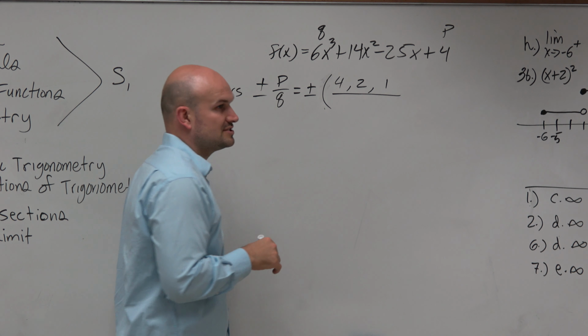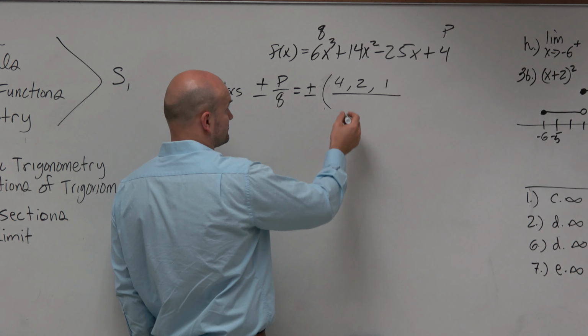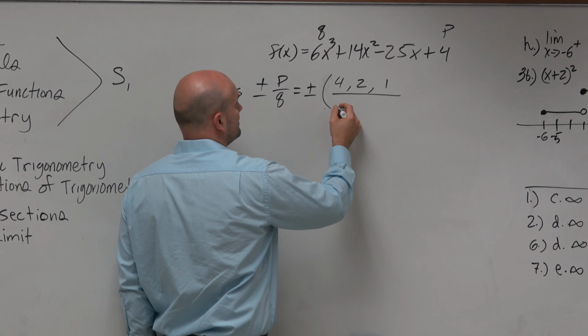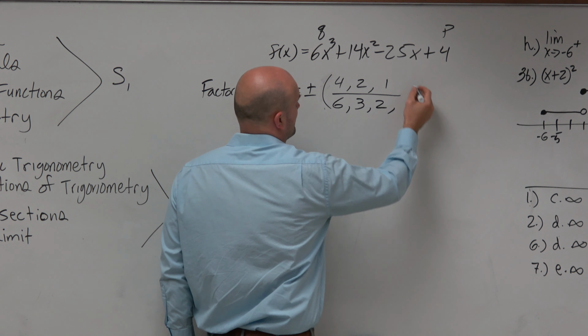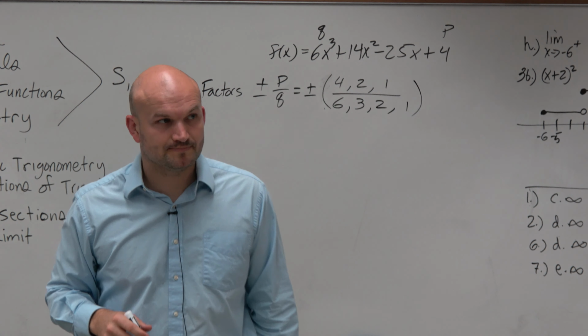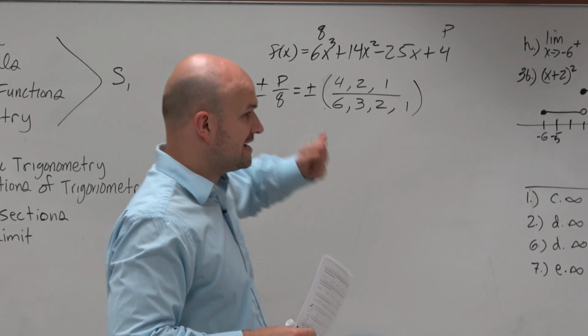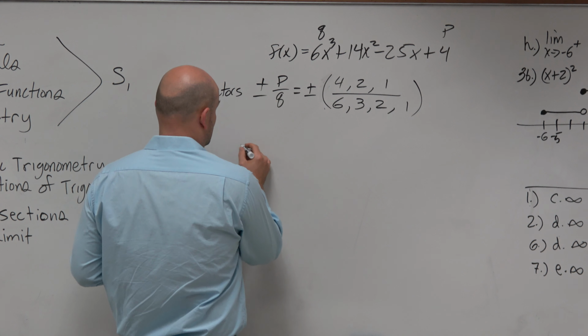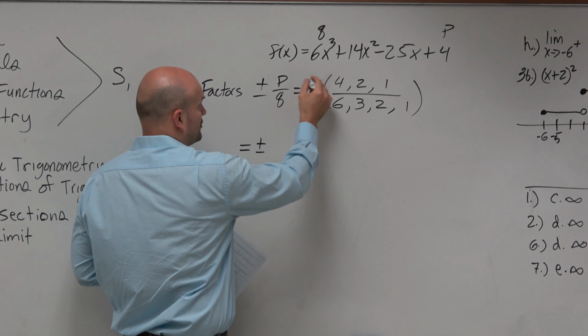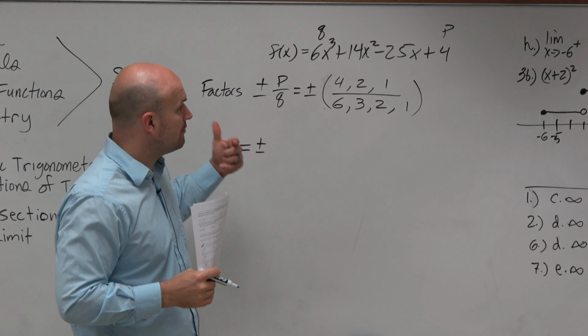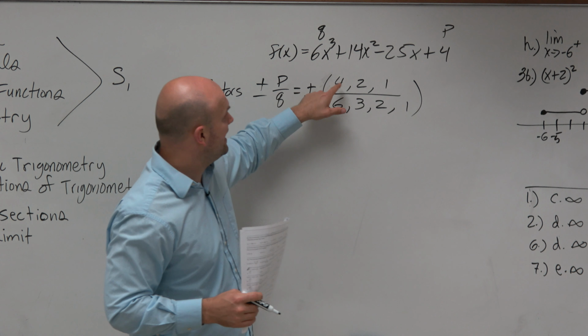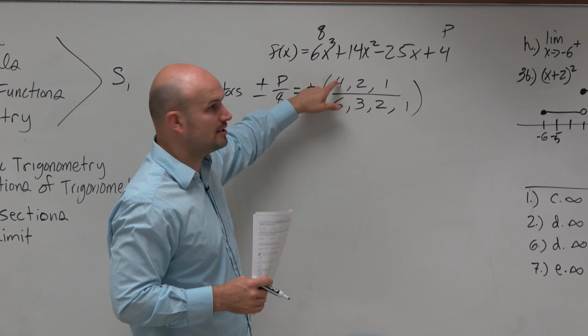And then we have the factors of 6, which is 6, 3, 2, 1. So that's the factors of p over the factors of q. Now all we have to do is match up. I'm going to distribute the plus or minus here. Basically, all we're doing is taking every single numerator and matching it up with every single denominator.